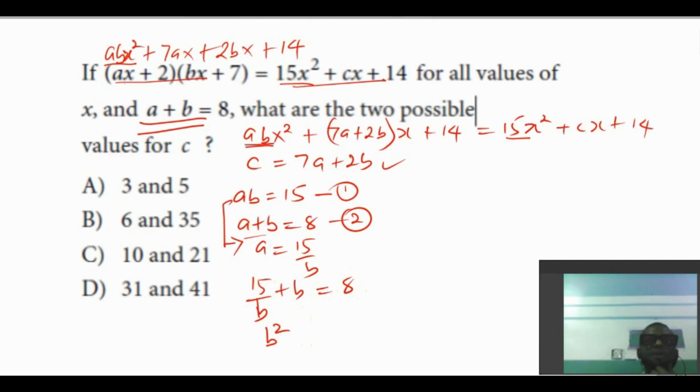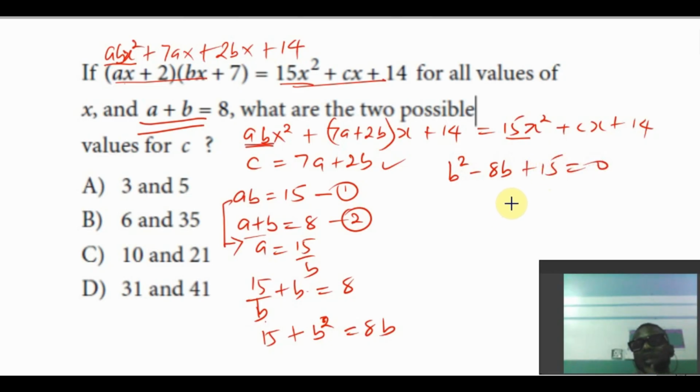Or we can say 15 plus b squared is equal to 8b. So we now have b squared minus 8b plus 15 is equal to 0.